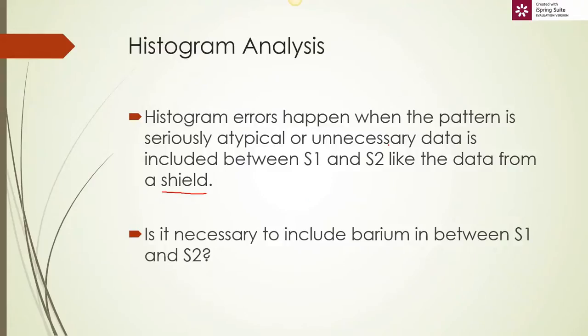The point is that if your pattern does not match the data that's already been programmed into the system, you can end up with a bad histogram analysis. Barium can do something like this unless you set up a barium-based algorithm, which it actually happens to be.